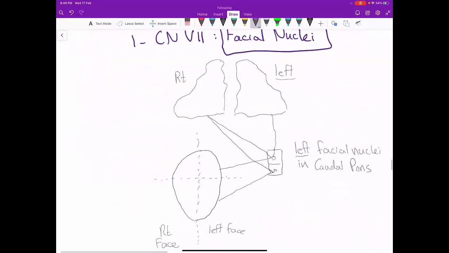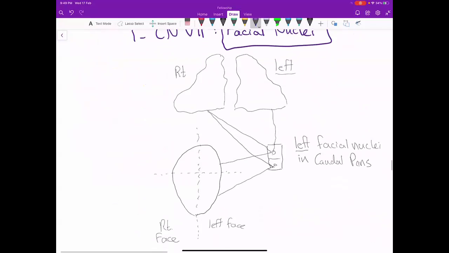I drew 2 cerebral cortexes over here. Both cortexes are present. We have the right and we have the left, okay? So for the sake of this example, I'm taking the left cortex, the left facial nuclei, which is present in the caudal pons, right? Because cranial nerve 7 is at the junction of the pons and the medulla. And I'm taking the left face. I don't care about the right face, okay? Fine.